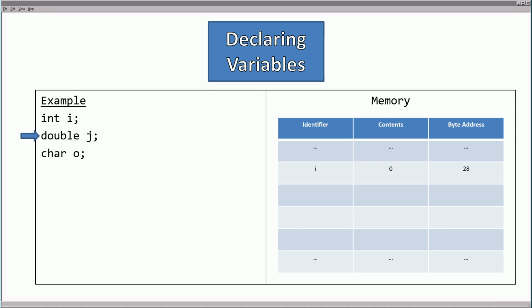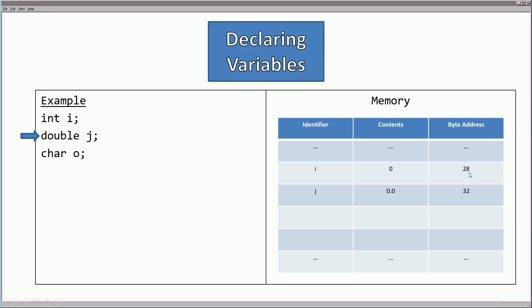Now, if we're going to declare another type of variable, j, then we do the same thing. The identifier is stored here, its contents are set to 0, and also notice we did include the decimal point here, and now its byte address is at 32. Now the reason why we're pointing this out is if we start at this byte address 28, we know that integers are 4 bytes in memory.